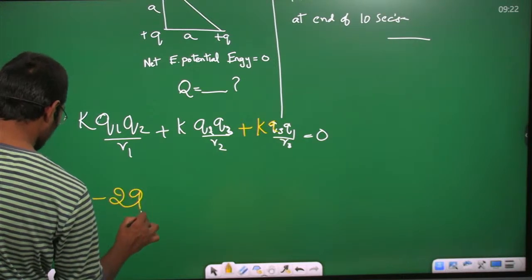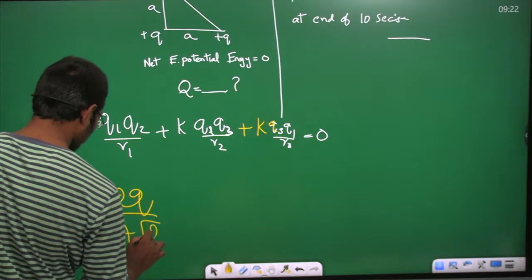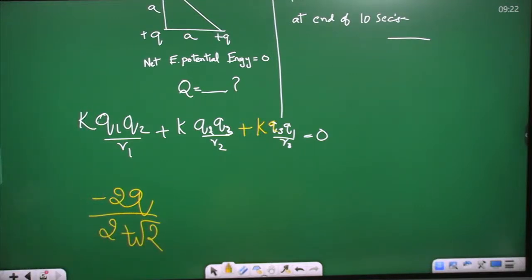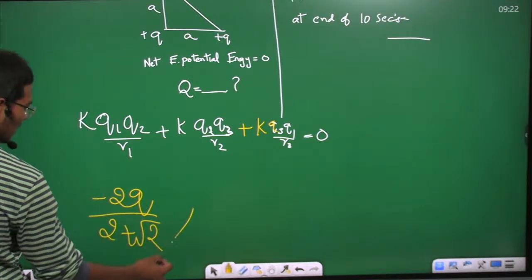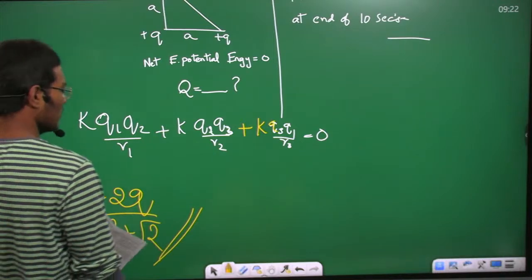Minus 2q by 2 plus root 2, right? This will be the final answer. So if you try to simplify, you will get something like this. Come on, people. Okay, Mr. Raj, you are right. So how about this?